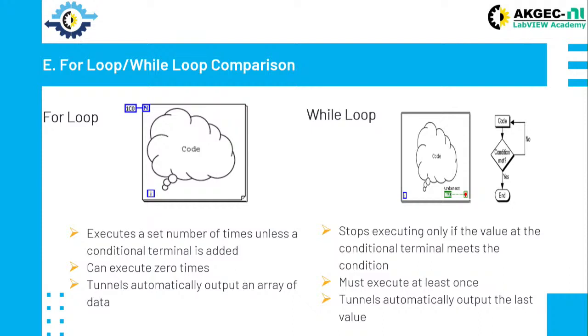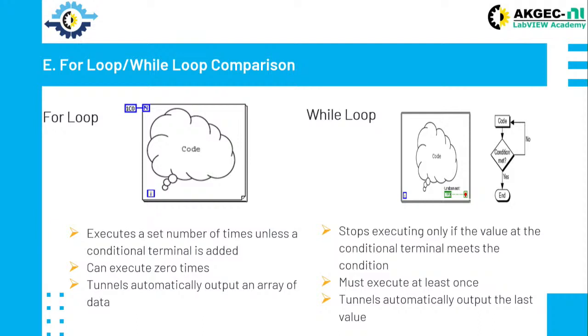Otherwise the for loop will be executed for 10 iterations. If your iteration count is 0, the code can't be executed even a single time.